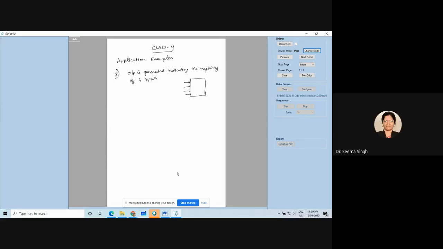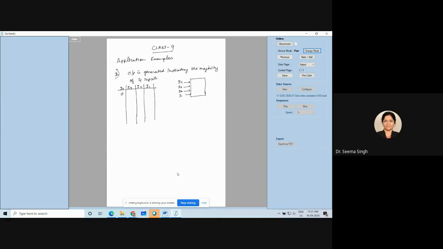So I can call these 4 inputs I1, I2, I3 and I4. And how many outputs should be there? No, I am not asking about the number of possibilities.